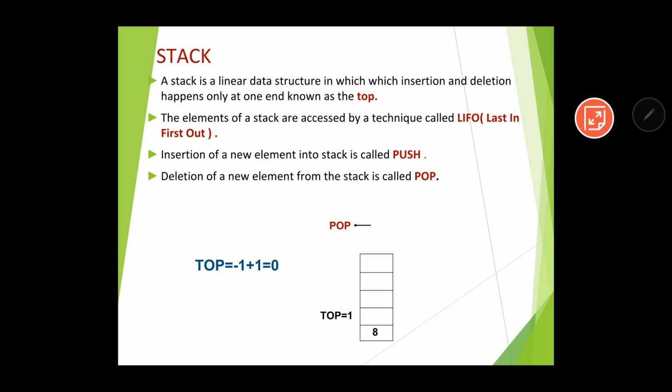Top will be decremented by the formula top = top - 1. Top was 1, 1 minus 1 is 0. So now top is 0. When we pop out the second element, top will again become -1. -1 signifies that the stack is empty.